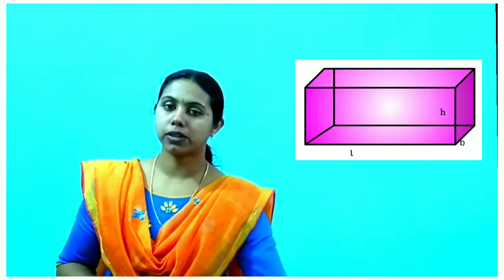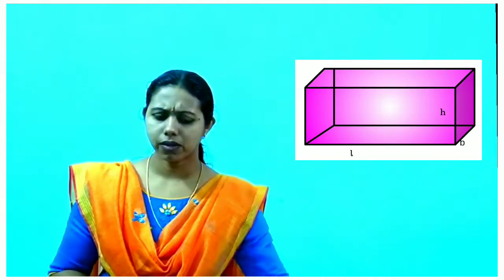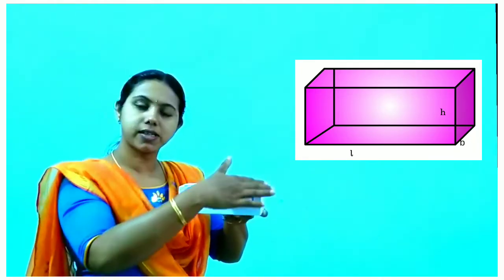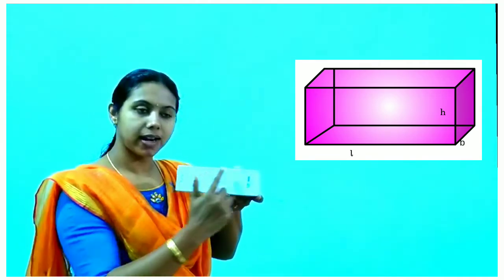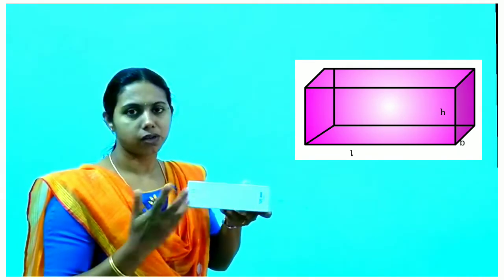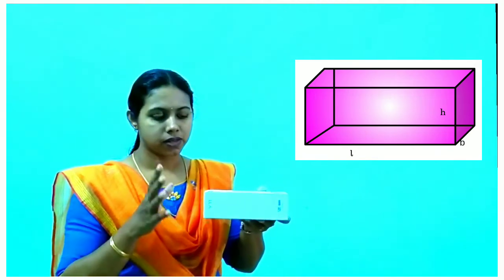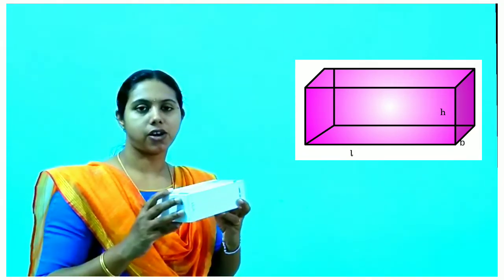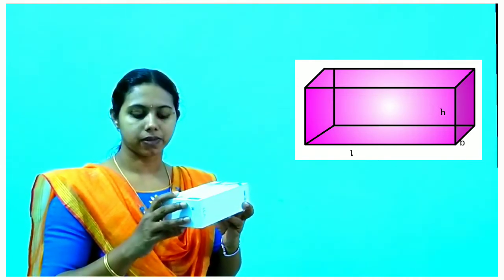Now we can discuss the cuboid. A cuboid has 6 faces, 8 vertices and 12 edges. All those things we know. What is the total surface area of a cuboid?